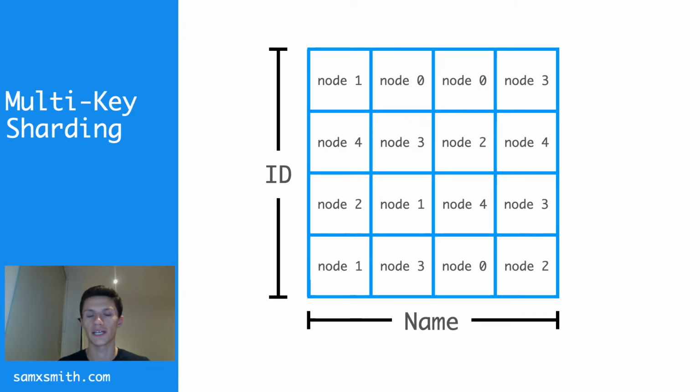For example, here we want to shard by both ID and by name. So we give each of those attributes a dimension, and the resulting space is our bucketing space. Each axis gets its own hash space.